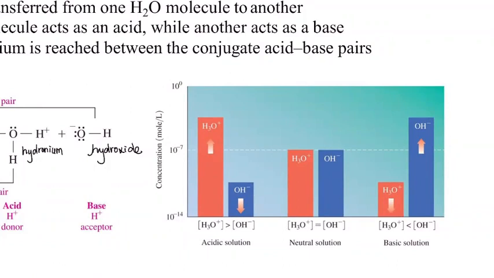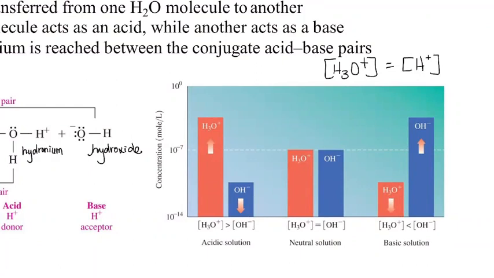The difference between these three types of solutions is that if you have an acidic solution, then your concentration of hydronium, or in other words your concentration of protons, is higher compared to hydroxide. Since hydronium, H3O+, is a source of protons, at times we say that is the same thing as the concentration of protons.